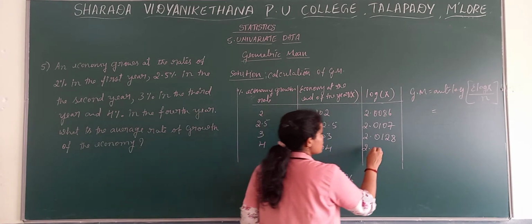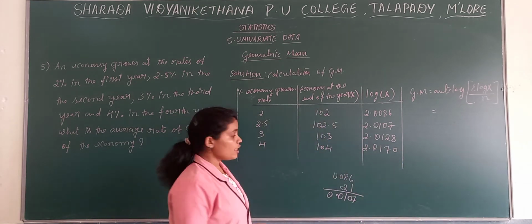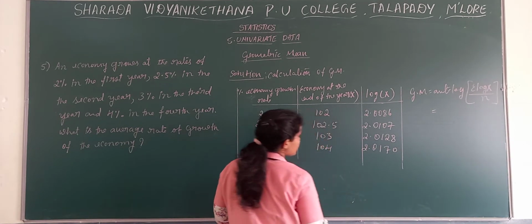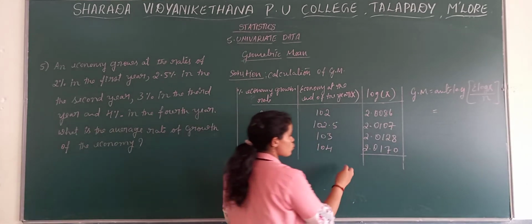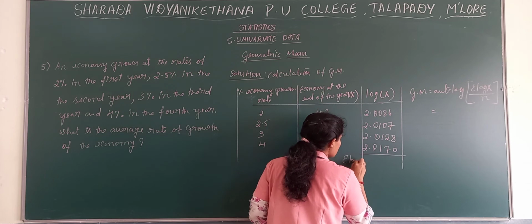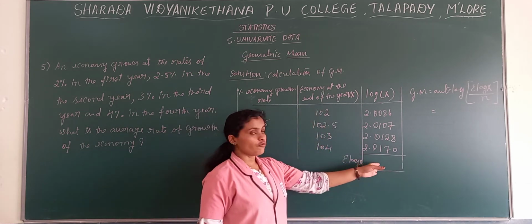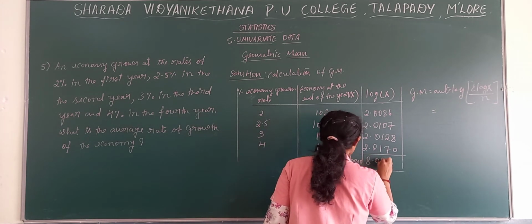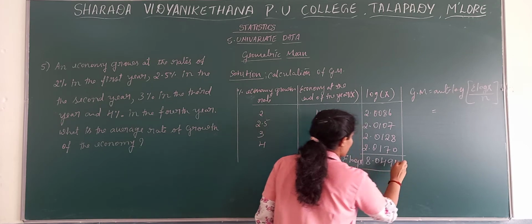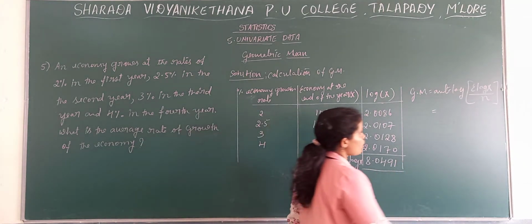Now here total the values. This total is nothing but sigma log X. When you total it you get 8.0491. Now substitute into the formula there.